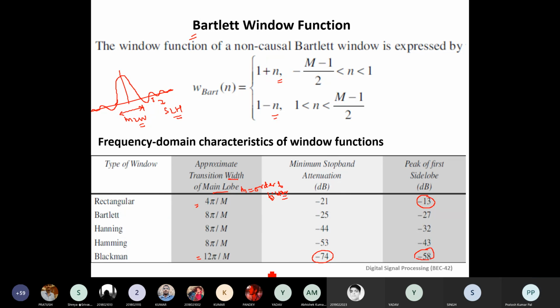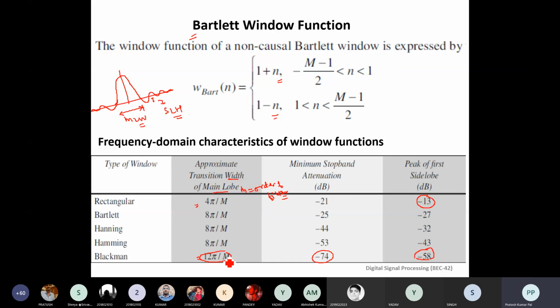So we can see here the main lobe width should be minimum, but the attenuation should be maximum. If the main lobe width is maximum, that is not ideal, because it should be minimum to have a better approximation to an ideal filter.